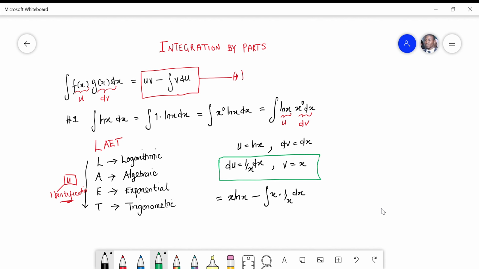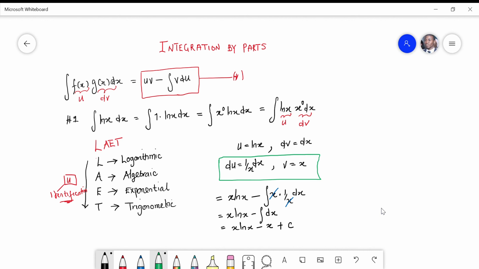So what can you see? You can see they cancel, right? So it implies that we're going to have x ln x minus the integral of dx, and this is x ln x minus x plus c. Don't forget to put your c, because c is a constant of integration. Because we're dealing with an indefinite integral, that's why we have c. If it is definite, we don't need to put the c. We have to just slot in the definite points, right?